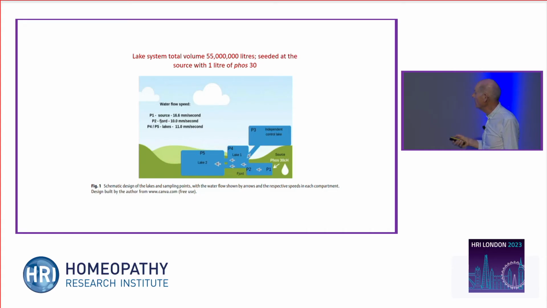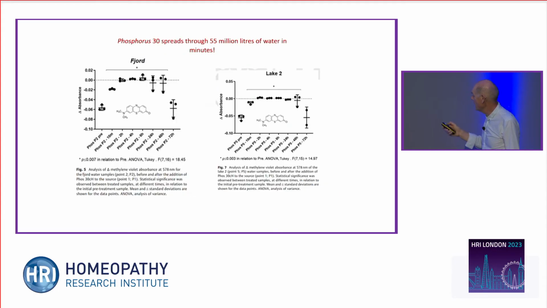And within minutes, the whole lake system turns into phosphorus 30. This is the data. This is the beginning of the lake system, and you can see how it builds up to a maximum and then declines. Again, it builds up to a maximum and declines. And this is the last lake in the system. So it's gone from the beginning to the end in a matter of minutes.